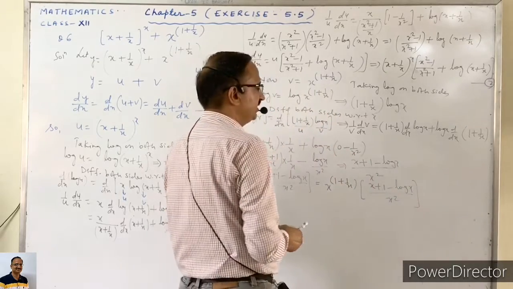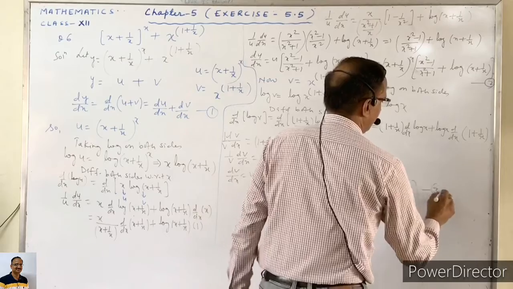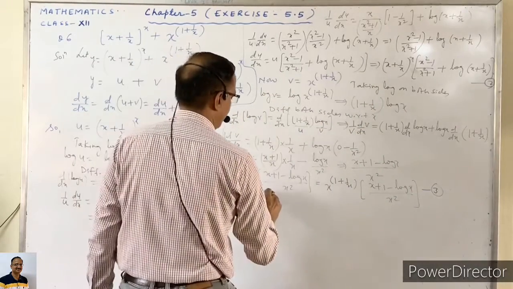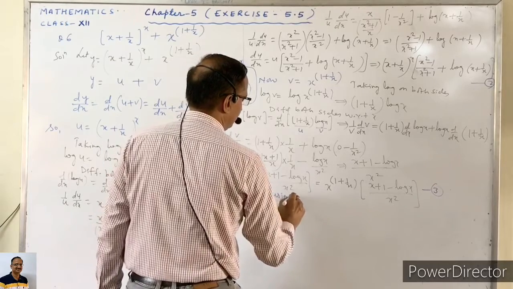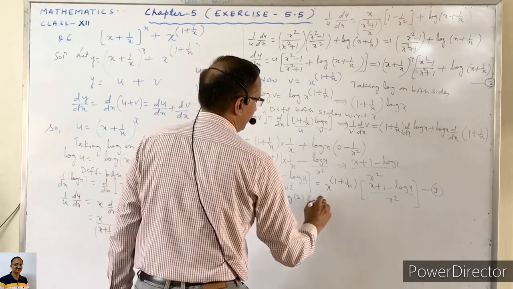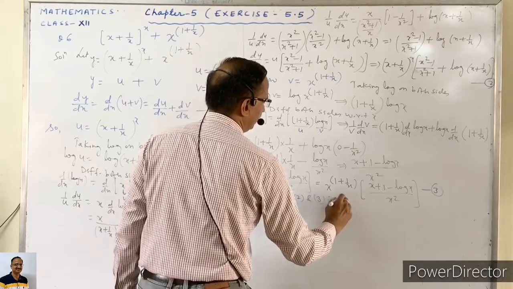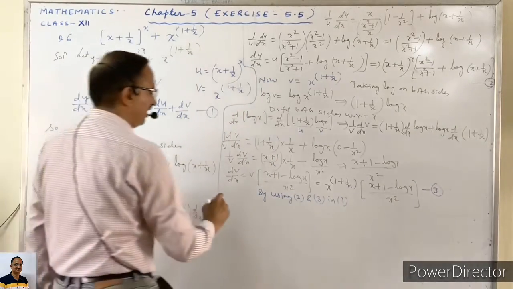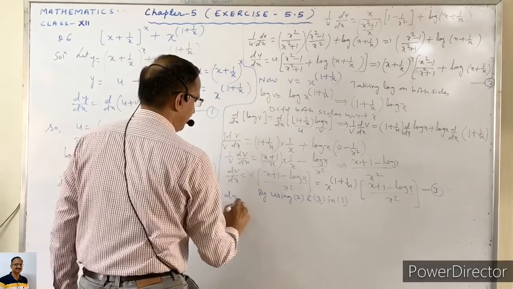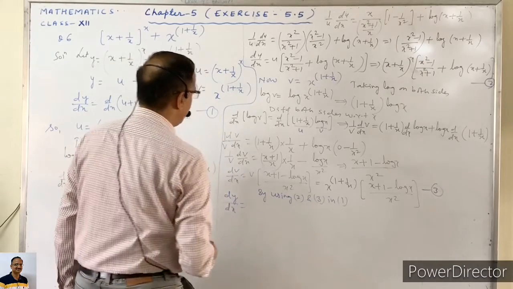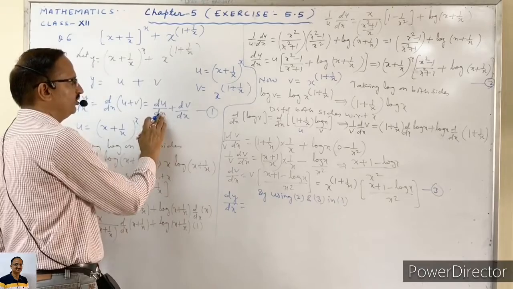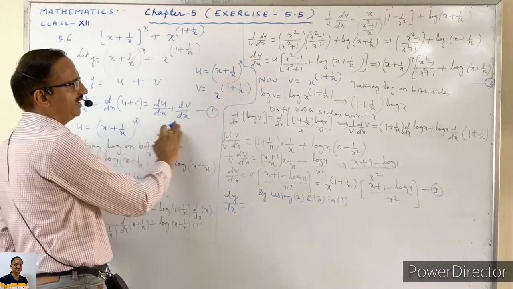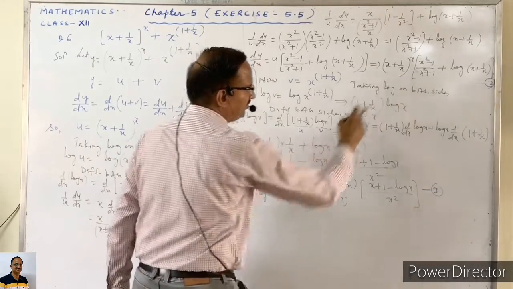Suppose this is third. Now by using second and third in first. On the left hand side we have dy by dx. On the right hand side we have to put the value of du by dx and dv by dx. The value of du by dx is this one from second.